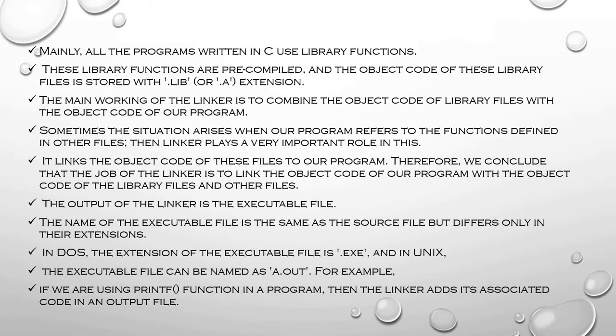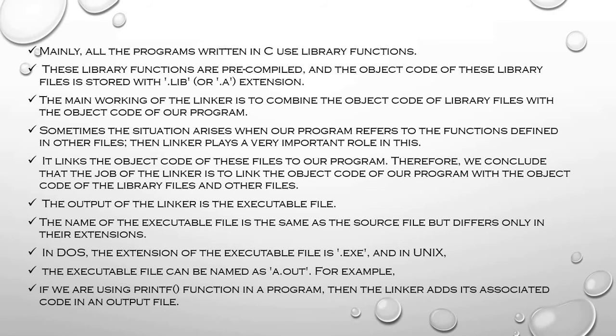Sometimes the situation arises when our program refers to a function defined in another file. Then the linker plays a very important role. So the linker adds the object code of these files to our program. Therefore we conclude that the job of the linker is to link the object file of our program with the object code of the library file, or maybe other files also.